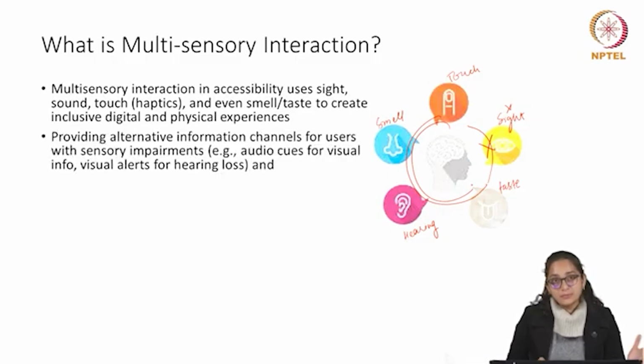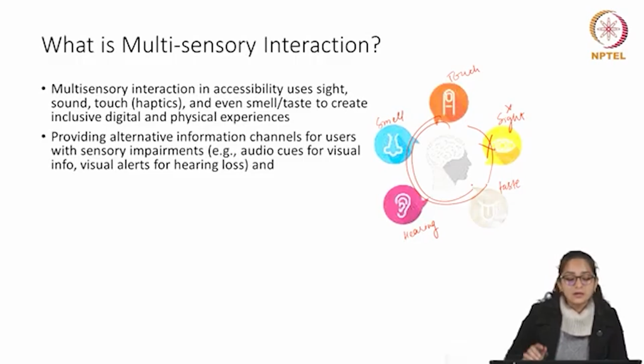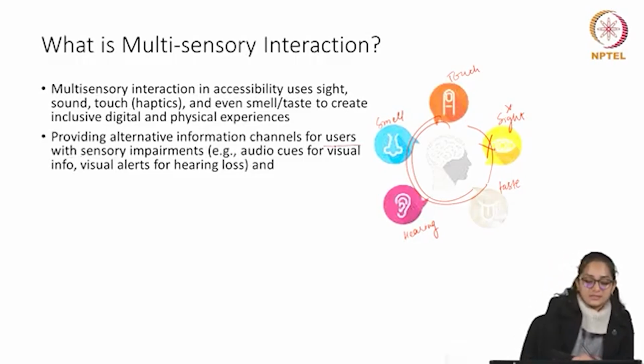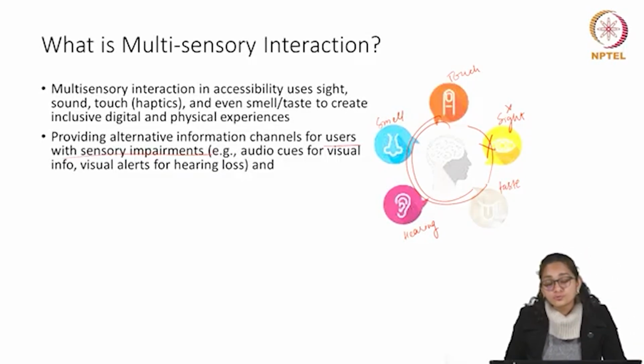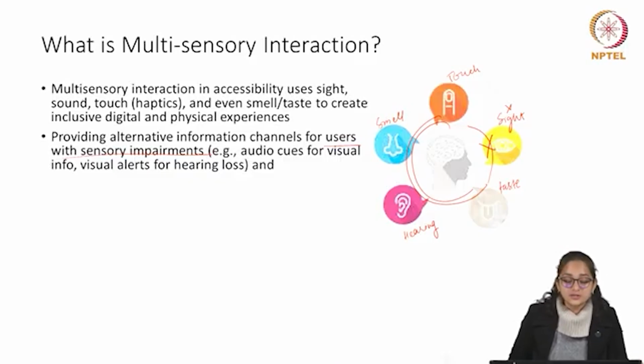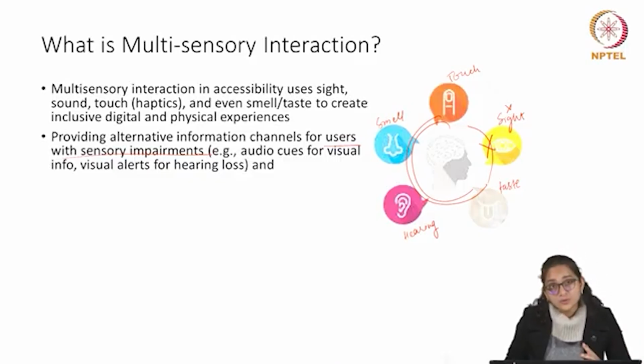So first, having multimodal interactive elements helps in providing alternative information channels for users with sensory impairments, such as audio cues for visually challenged persons, or visual alerts or closed captioning for hearing loss, etc.